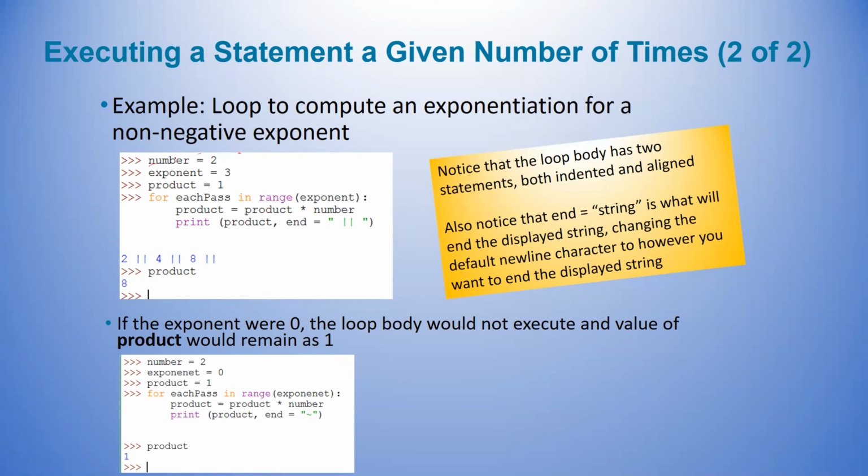So we declare a variable, we assign 2 to number, assign 3 to exponent, and product initialized to 1, and for each pass in range. So what is the range? How many times will this run, everybody? 3. Yes, 3. Okay, very good, 3 times.